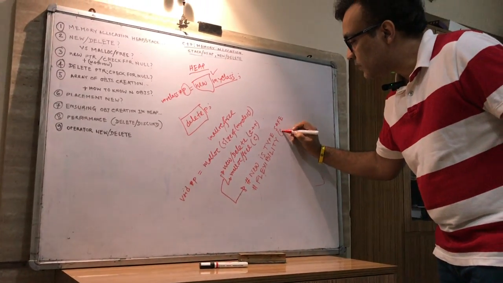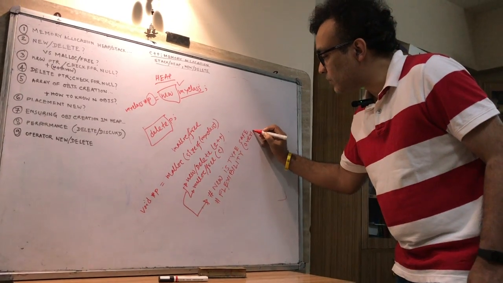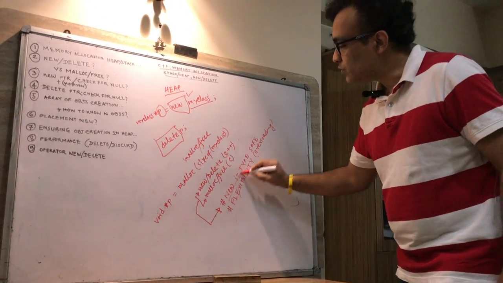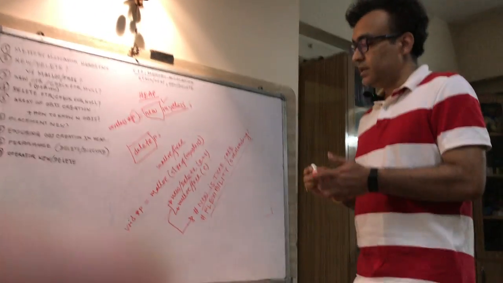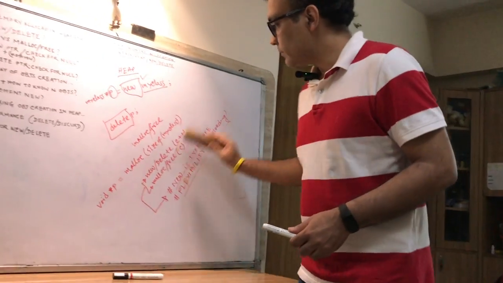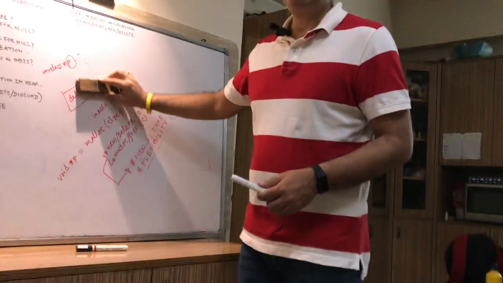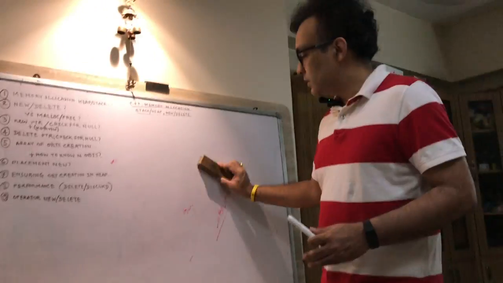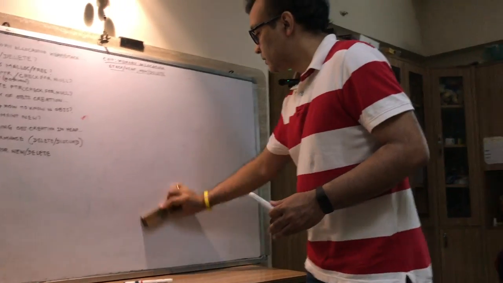Basically, overloading is possible with new. So these two are important things to remember here. This is basically the transitioning from C to C++ in terms of memory allocations for a data type.